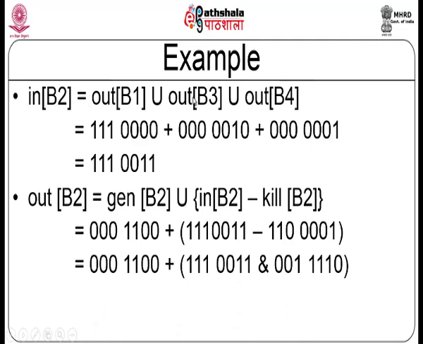Now, how do I compute this? So, I have to OR this, but before that I have to do this subtraction. A minus B is A intersection B complement, okay. So, A intersection is the AND operator, and B I have to complement. So, it is nothing but just take the complement of this bit vector, which is 1 1 0 0 0 1 1, will be 0 0 1 1 1 0 0, that is, change the zeros to ones and vice versa.